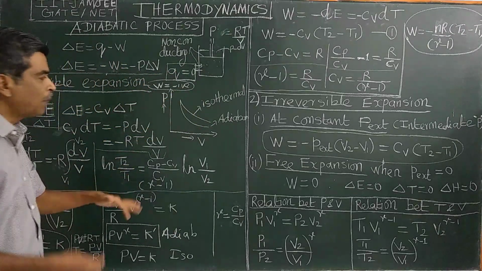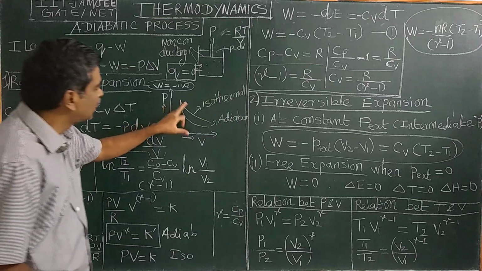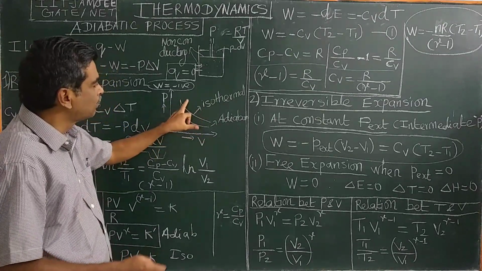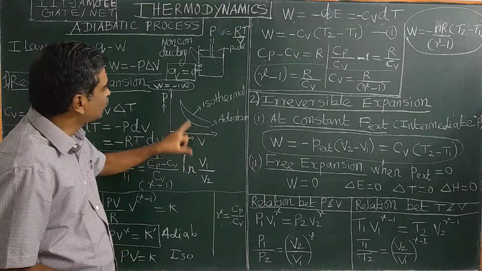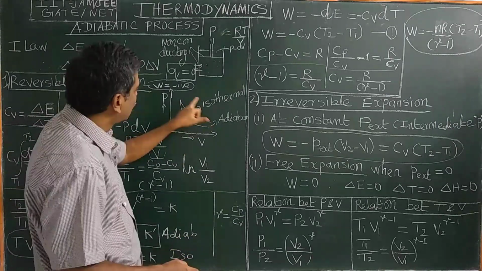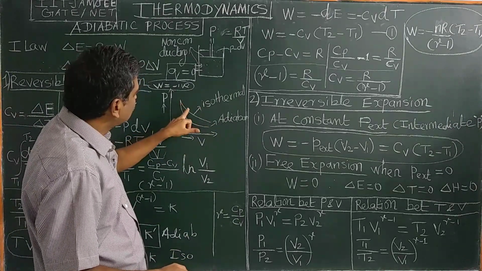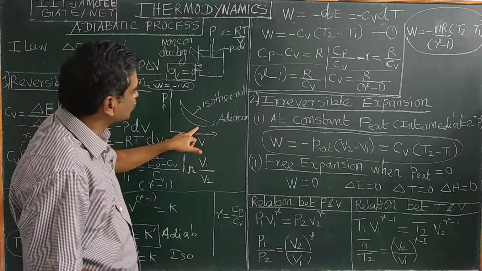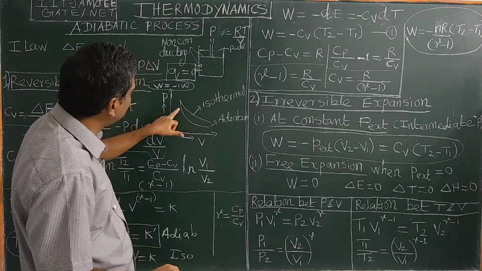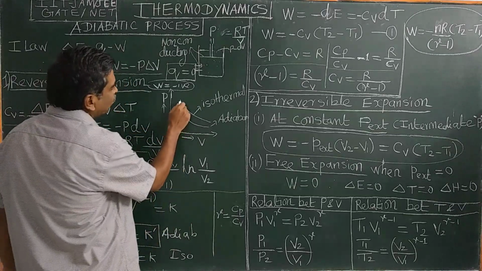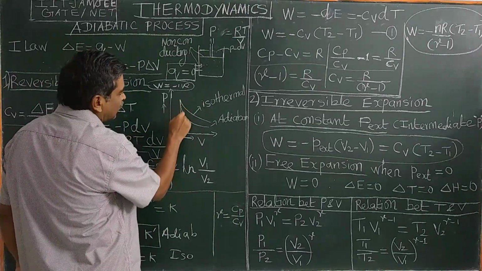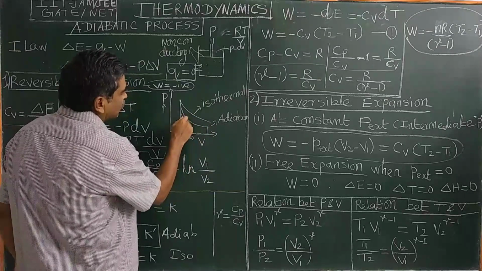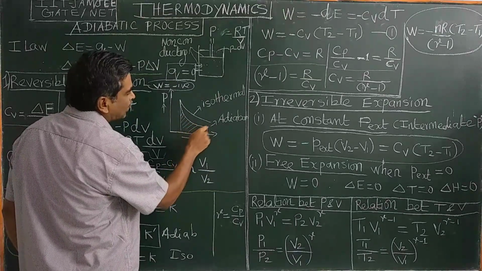And another thing is maximum work done. For example, this is the parabolic curve, the PV curve for a particular temperature. This one is for the isothermal process, and this is for the adiabatic process. The area under the curve will give the work done.